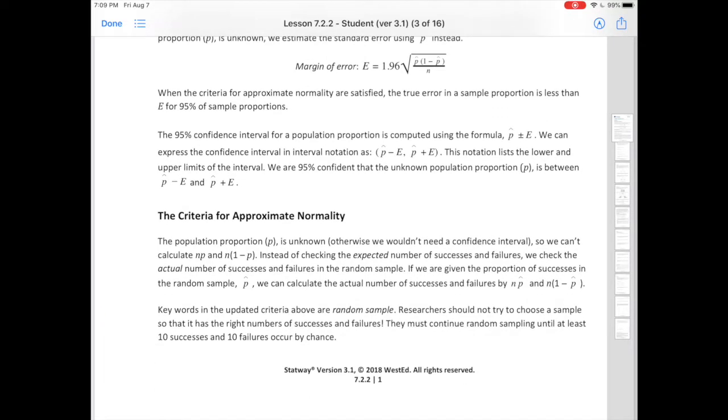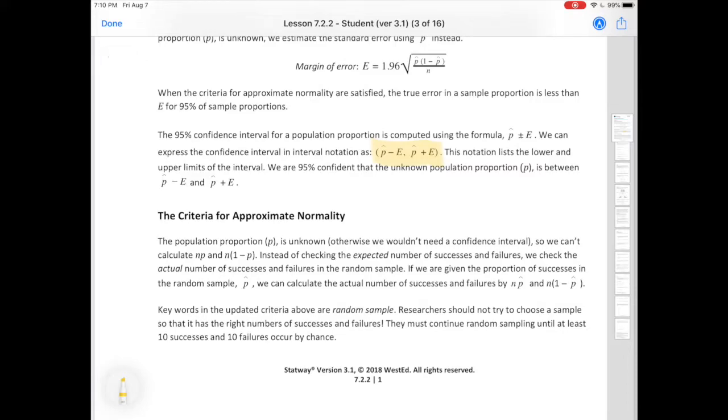The 95% confidence interval for a population proportion is computed using this formula, p hat plus or minus e. We can express the confidence interval in interval notation as, so this is how you do it, you put it in parentheses, and let me highlight this so you guys know what I'm talking about.